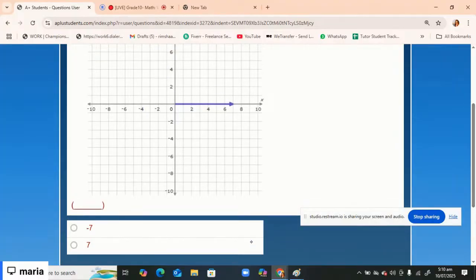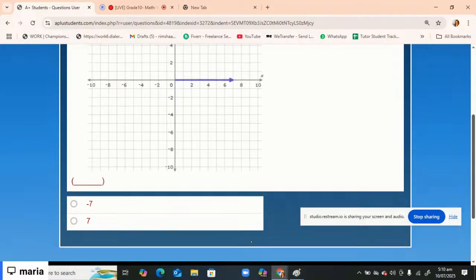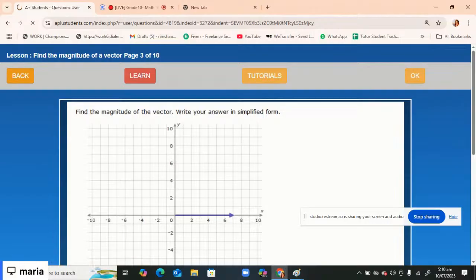Then 0, 0, and 7, 0. So this is 7 minus 0 and taking the absolute value, this is positive 7, okay? Hope you guys understand this lesson.